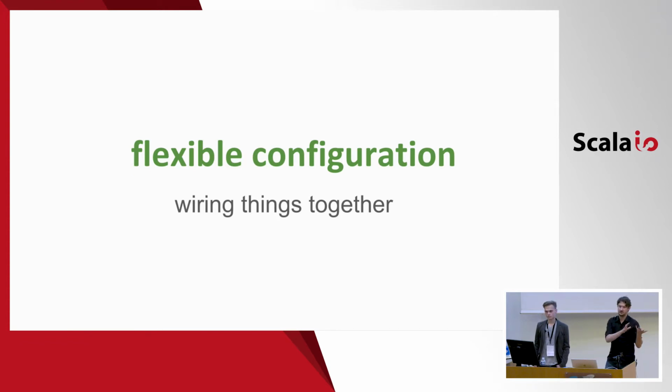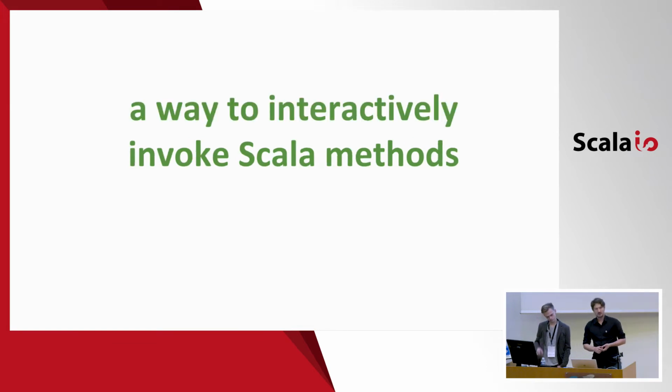And this needs all to be wired together, right? But it's also a way to interactively invoke this functionality. You want to somehow from Bash or from your IDE tell it, OK, now run this, or now publish it, or something like this. So you need these 3 kinds of concepts.